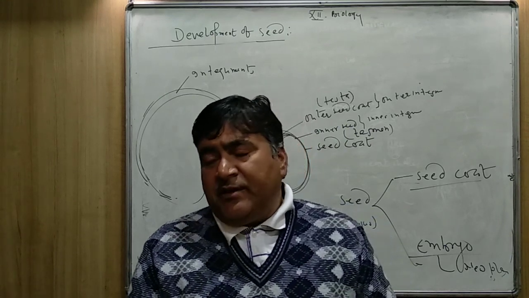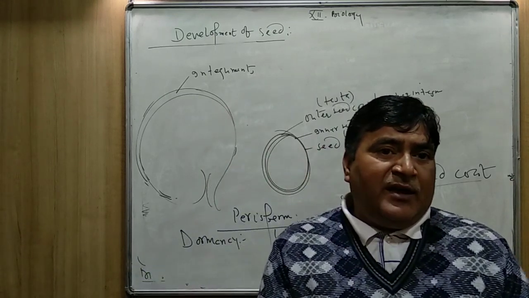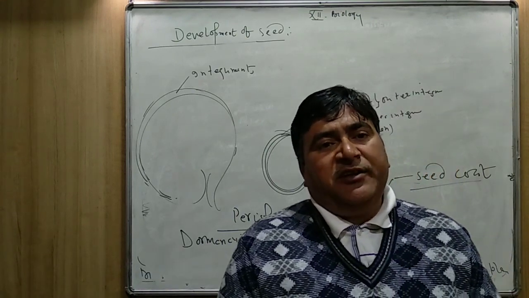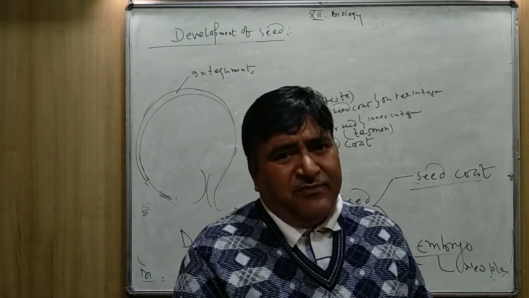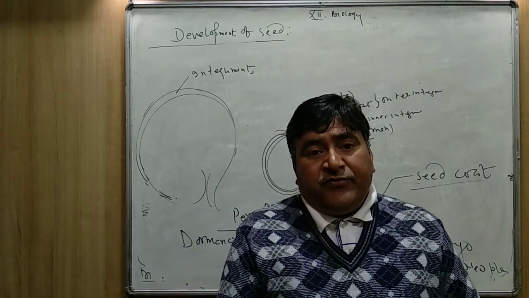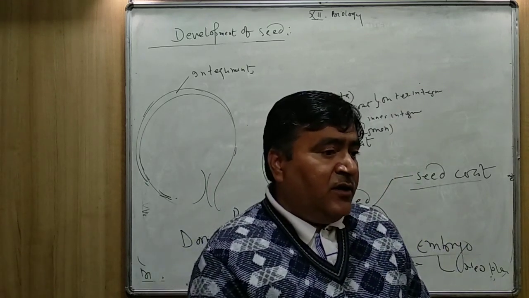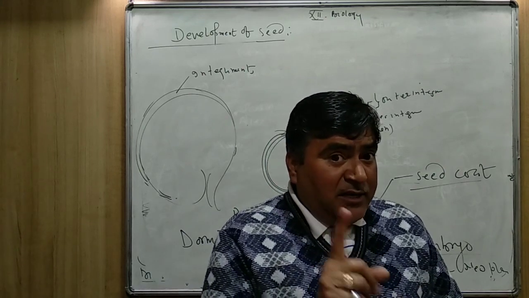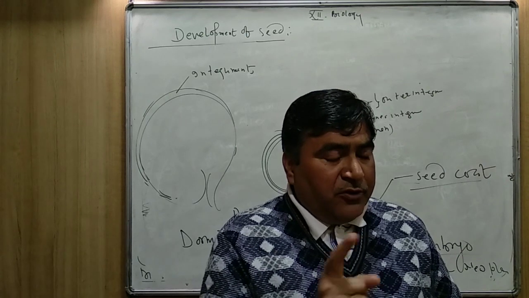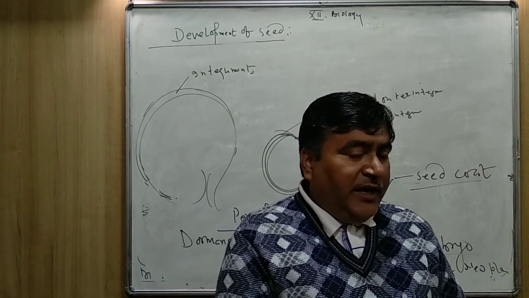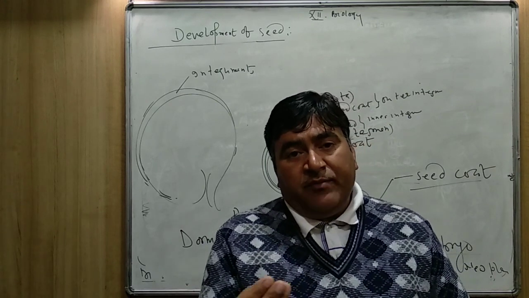When the seed matures, sometimes the embryo enters into a stage of inactivity. Means maybe the embryo is not matured, it is not capable of producing the new plant, and this inactivity of the embryo inside the seed is called dormancy.